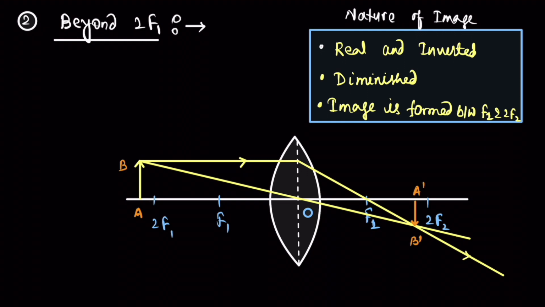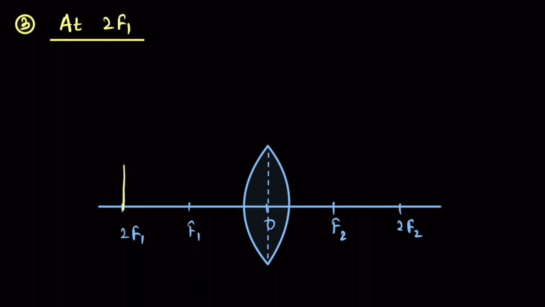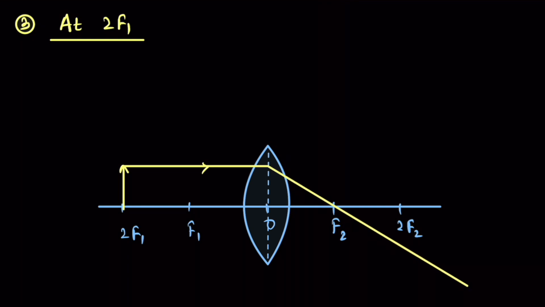Next is at 2f1. So we can draw the convex lens. Here is the object at 2f1. We can consider two incident rays. One is parallel to the principal axis, so it will pass through f2. And second, through the optical center.